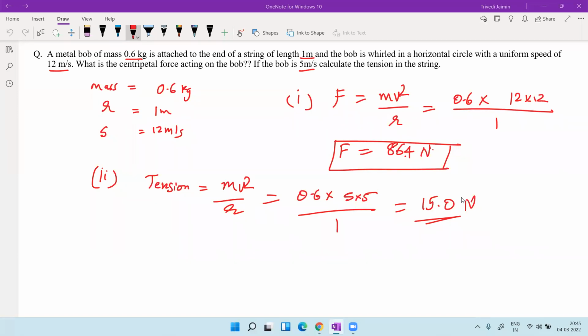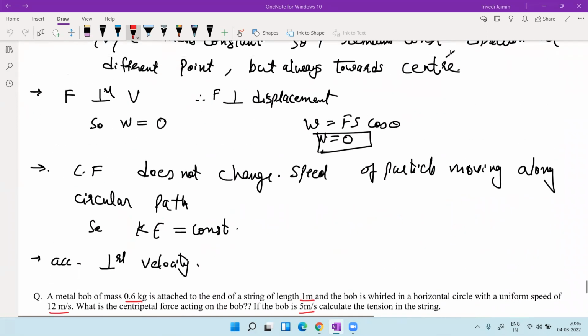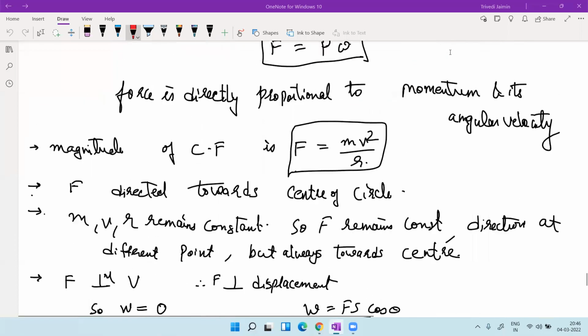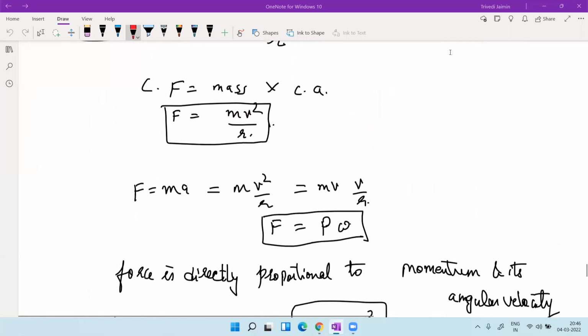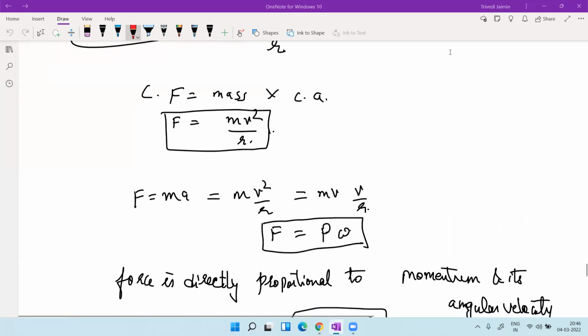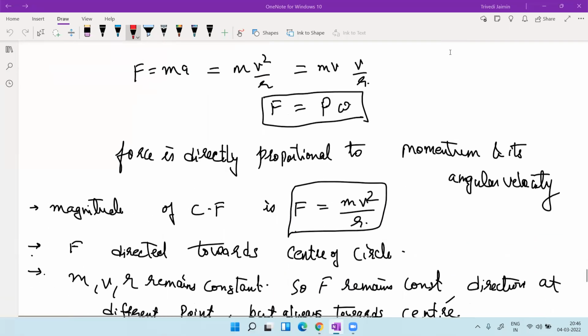What about others? Jafar? Okay. Maybe those who joined just now, we were just discussing the important points for centripetal force.